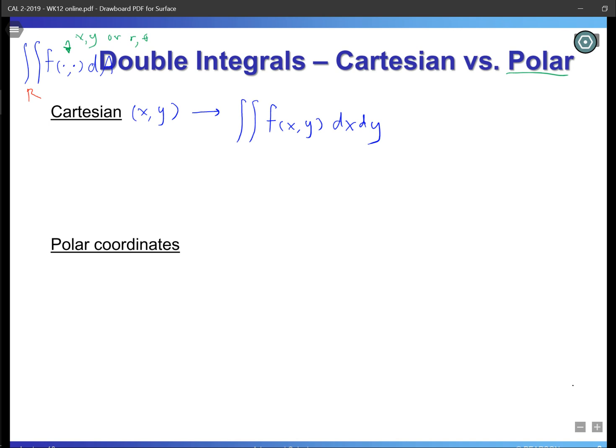So when it comes to Cartesian, we sweep the x variable and the y variable, and we can reverse the order. Okay, so with this information, let's draw a graph and see how the sweeping works here.